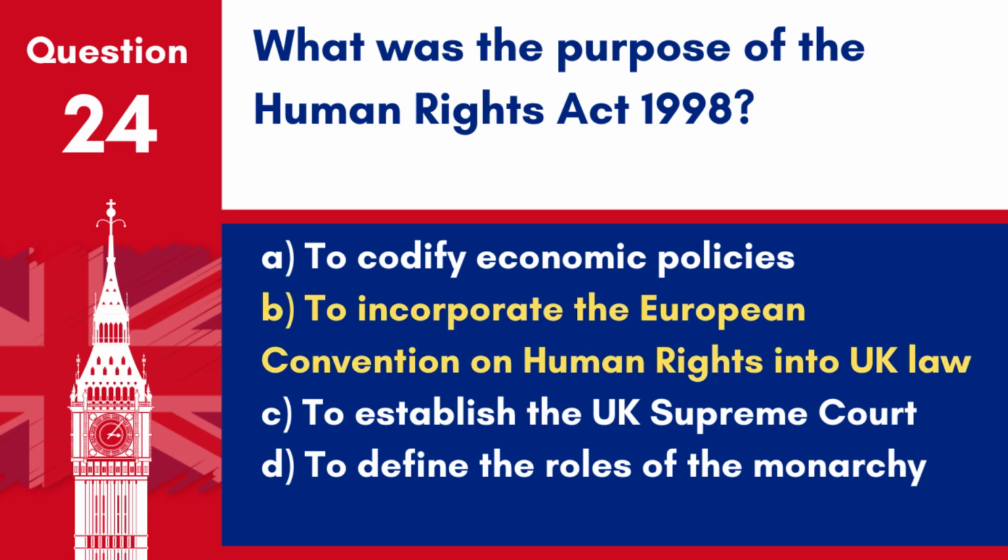Answer: B. The Human Rights Act 1998 was enacted to incorporate the rights contained in the European Convention on Human Rights into UK law, allowing UK citizens to defend their rights in UK courts.